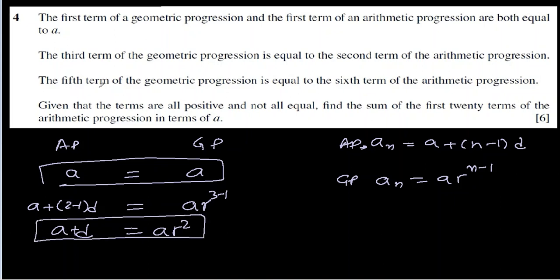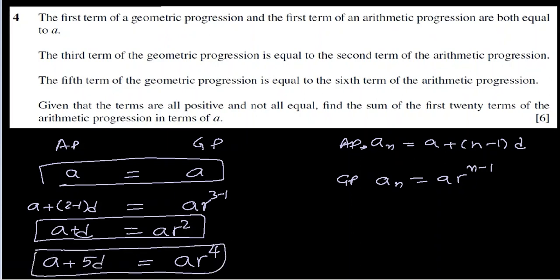Now, fifth term of GP, which is a r^(5 minus 1), 4, will be equal to the sixth term of AP, a plus (6 minus 1) 5d. This is the third condition. With the help of these conditions, what do we have to do? Given that terms are all positive, what it means is that AP is only going up.